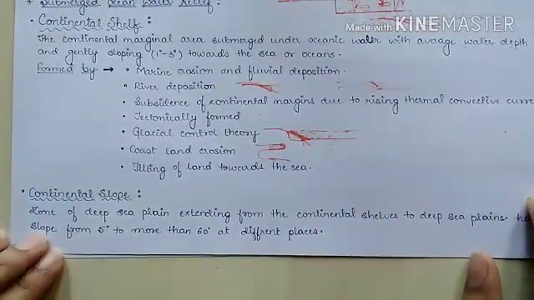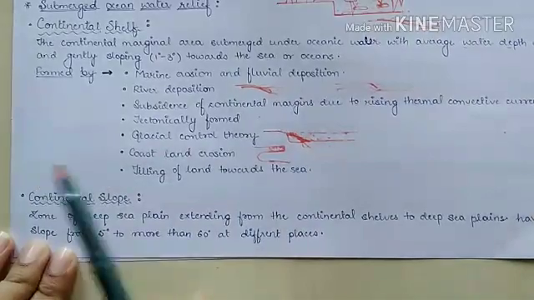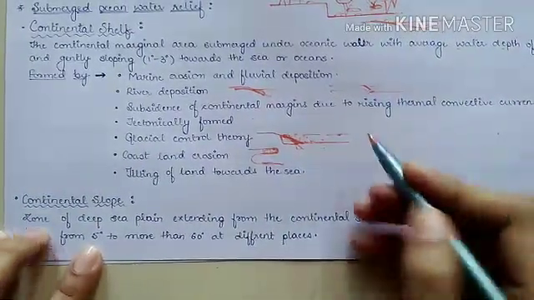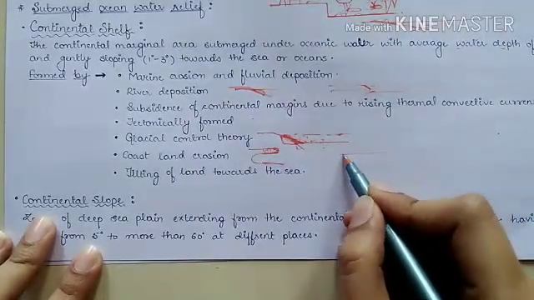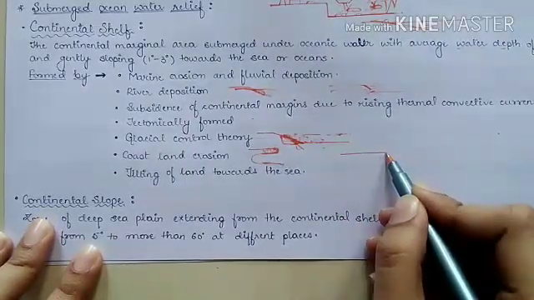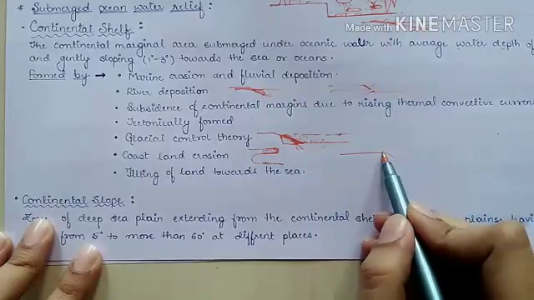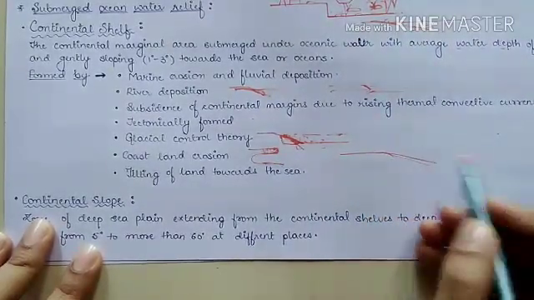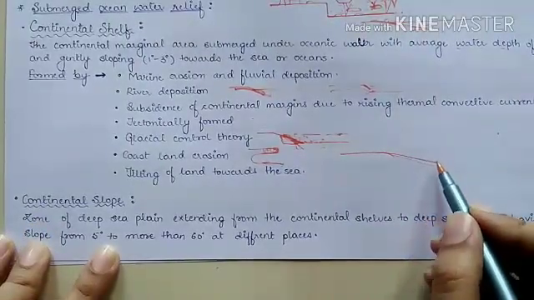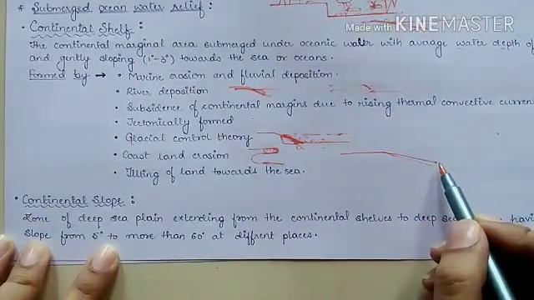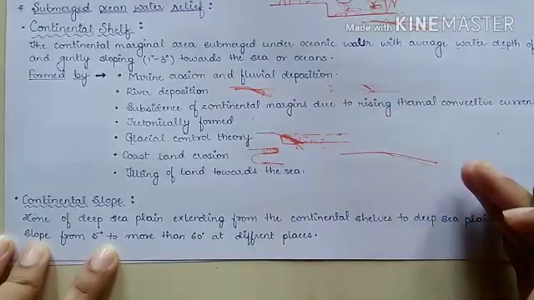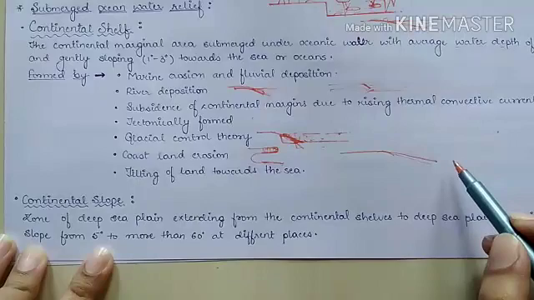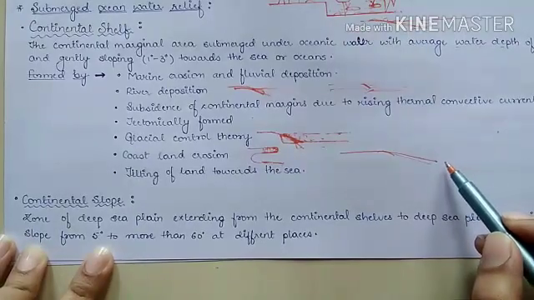The second feature is continental slopes. This is our continental margin, this is our continental shelf, and this zone extending from the continental shelf to the deep sea plain has a slope of 5 degrees or more than 60 degrees at different places.